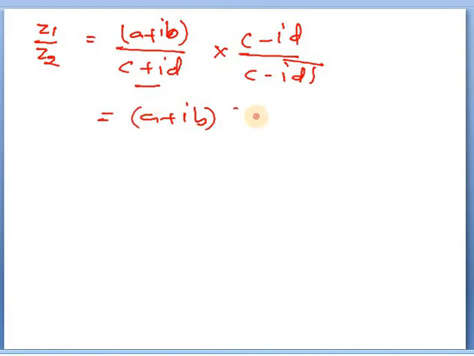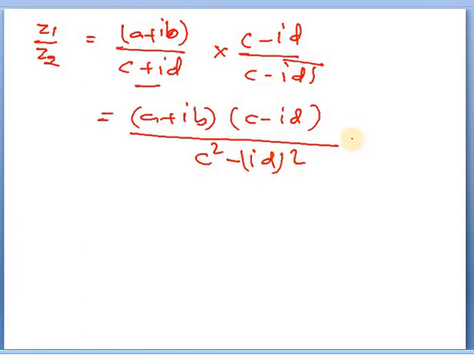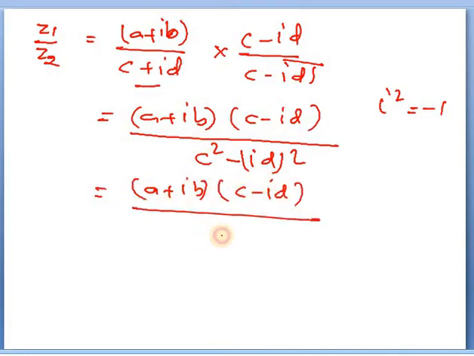We can open the bracket like we did in the multiplication part, and the denominator is a plus b into a minus b, which is a square minus b square, that means c square minus id whole square. So i square, again we know i square is equal to -1, so we can write here a plus ib. I am not opening the bracket for the division part; you can open it by multiplying and then write it. So like this, we can do multiplication, division or addition of two complex numbers, or say that two complex numbers are equal.